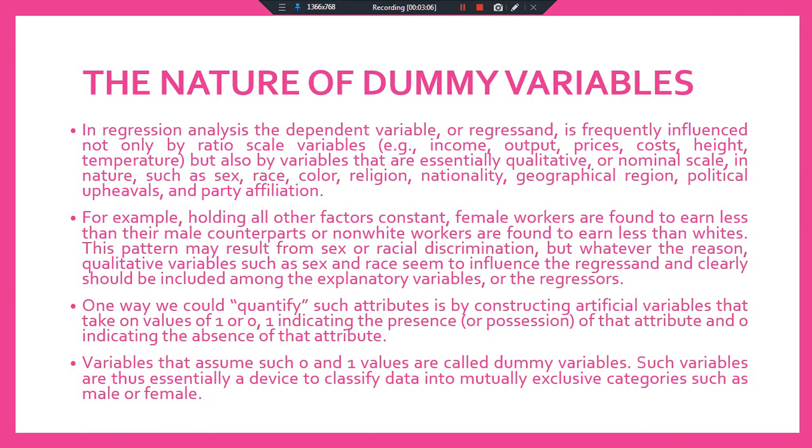Variables that assume such 0 and 1 values are called dummy variables. Such variables are essentially a device to classify data into mutually exclusive categories such as male or female, white and black, or on the basis of geographical region as well.